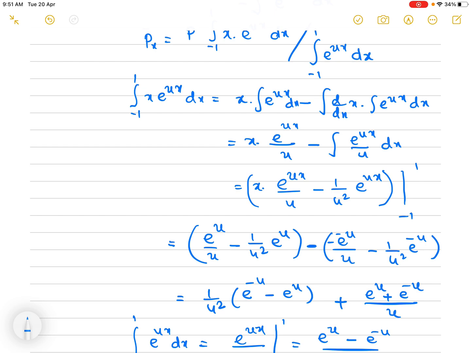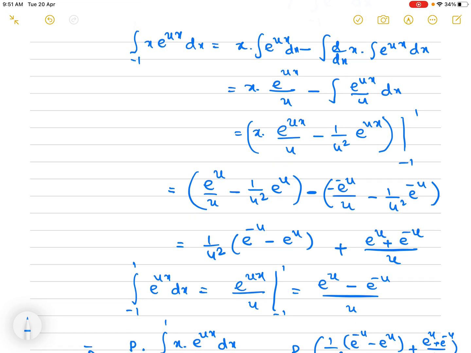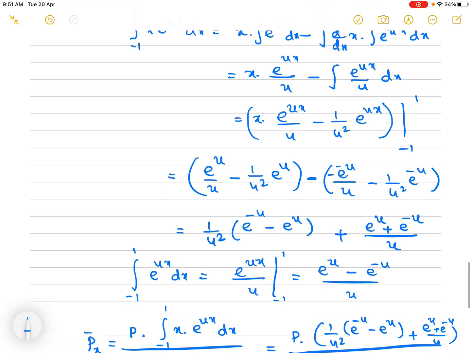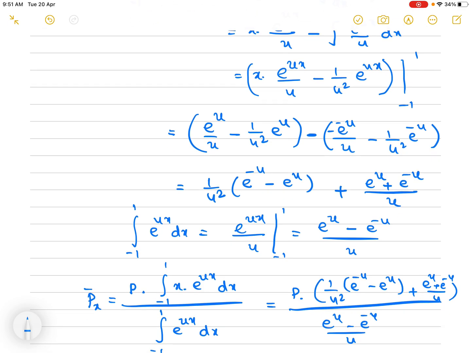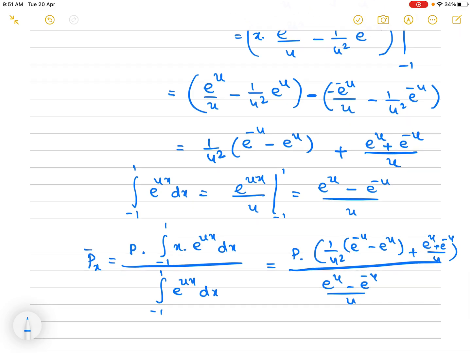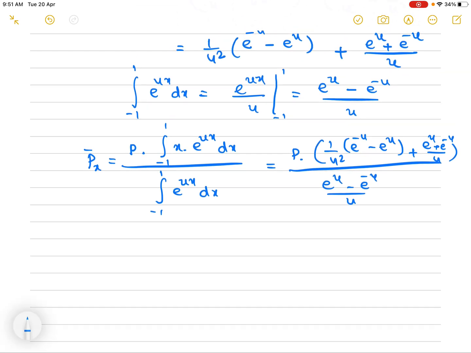This is correct. So here we get p times of (1/u) minus 1, plus e^u plus e^-u, by e^u minus e^-u.